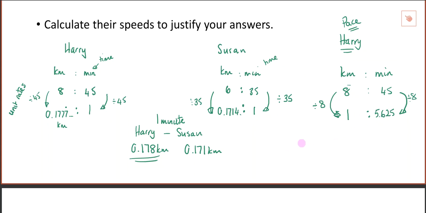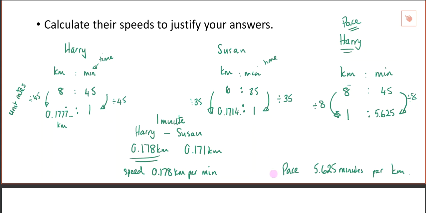So I know that the speed is 0.178 kilometers per minute. But Harry's pace, we call, is 5.625 minutes per kilometer. Okay. So it's pretty quick.